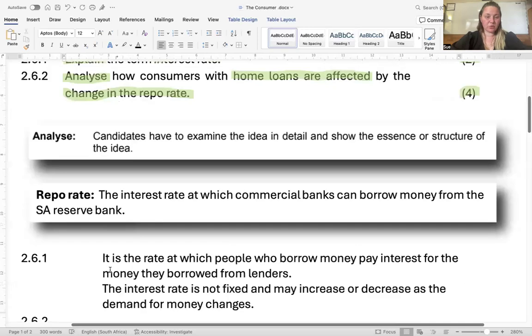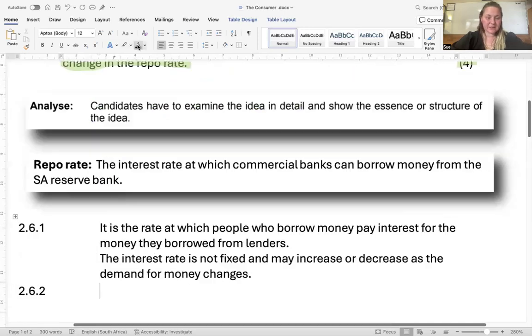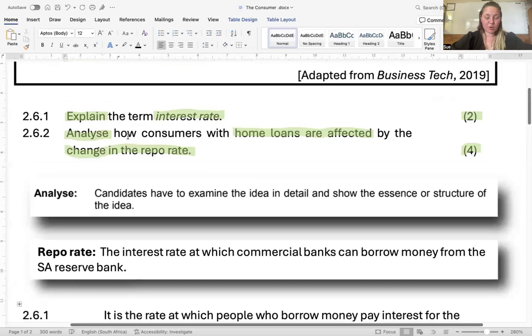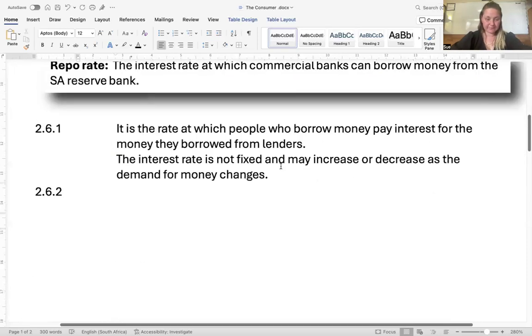Our next question was, analyze how consumers with home loans are affected by the change in the repo rate. So now that we know that the repo rate is what the banks pay to the South African Reserve Bank, and we know that that affects the interest rate, we can also answer our question. But once again, it must be focused on how does it affect our home loans. So this is what I'll start to say.